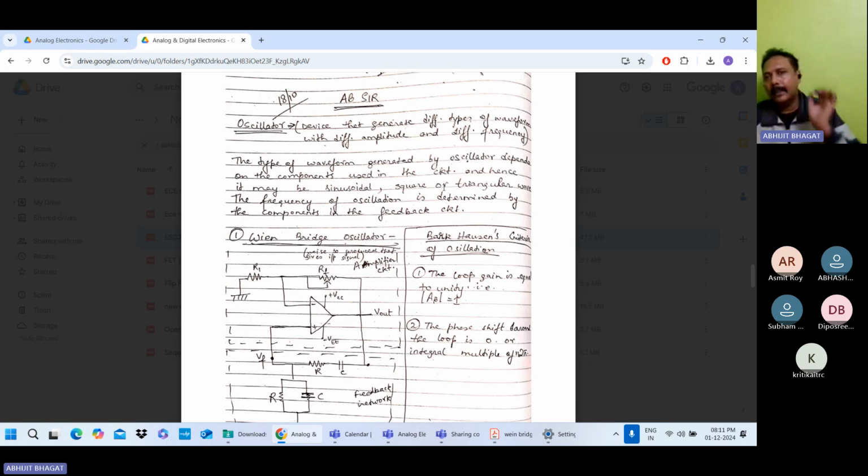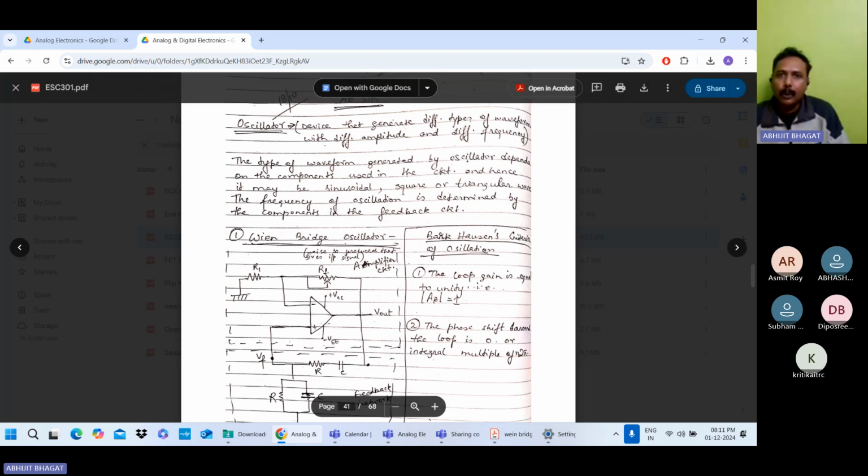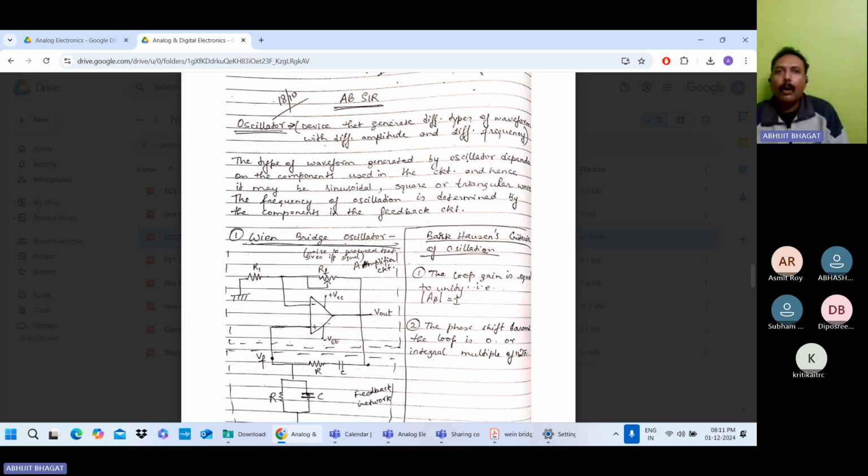And hence your waveform may be sinusoidal. It may be square or triangular or rectangular, or sawtooth, any type of waveform you are getting across the output side of the oscillator.